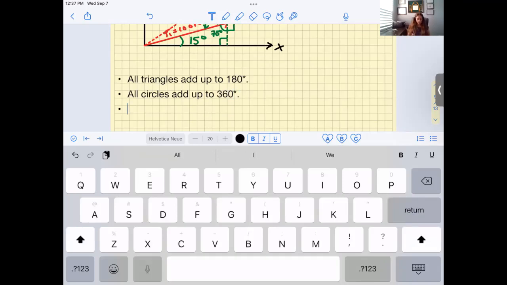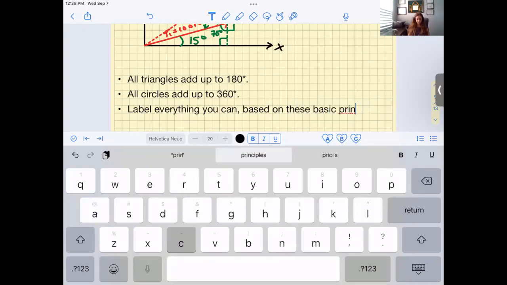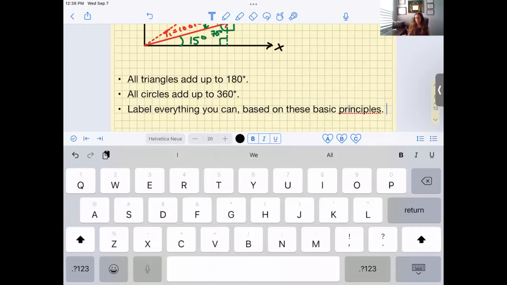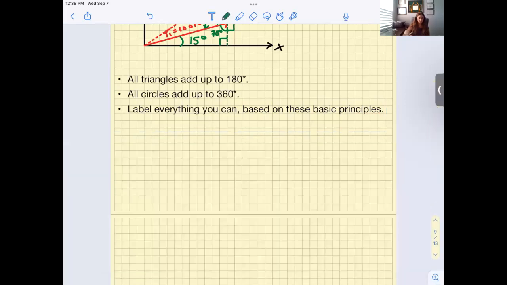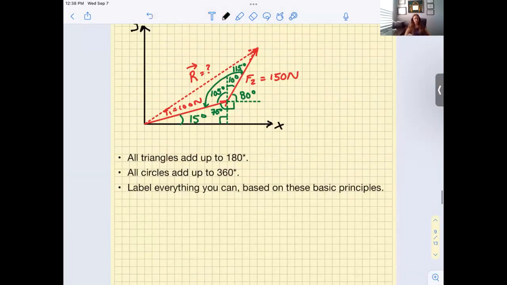And then, like we said, label everything you can based on these basic principles. So use what you know after you've drawn it to label everything that you can.